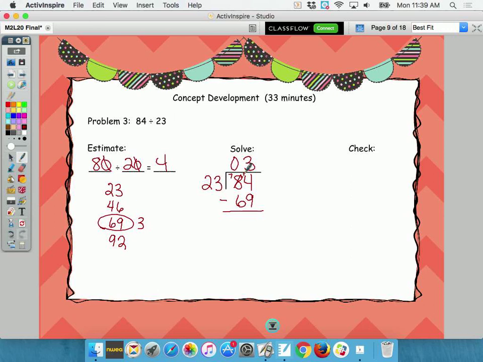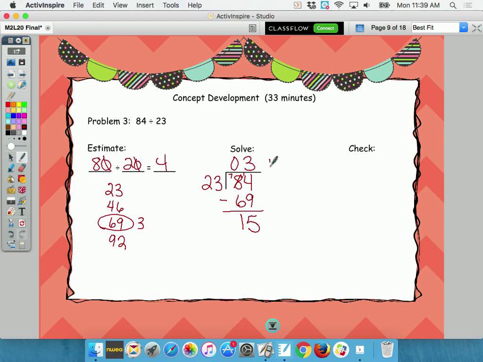So 14 minus 9, Mia. 14 minus 9. 5. 7 minus 6. 1. Okay. And is 15 less than 23? Yes.